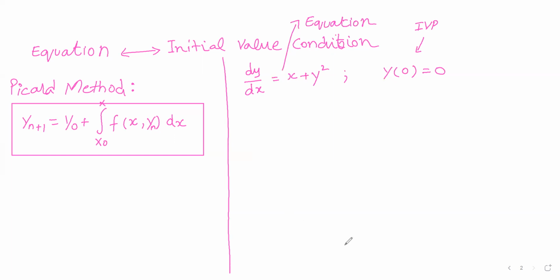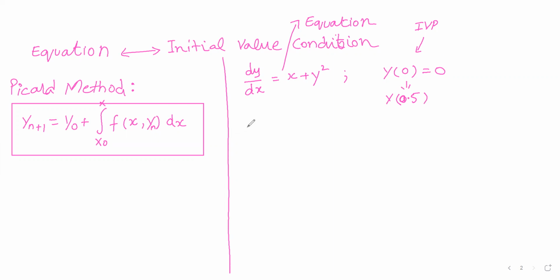Sometimes they also ask you to find y of 1.5 or 0.5 at the end of the question. First we will solve our ordinary differential equation by the Picard method.